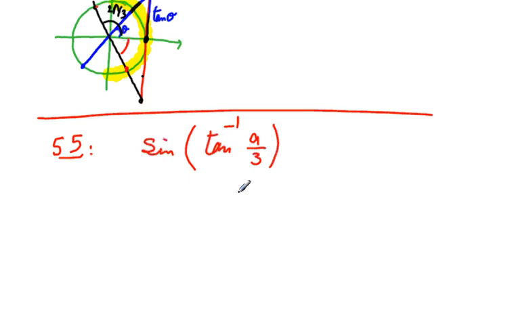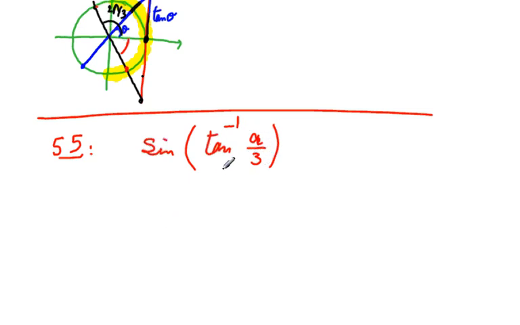functions are mismatched? It's not the same function being used. Here is tangent. Here is sine. Now, let's go ahead and answer this first by assuming this is letter A. Let's suppose for the moment that we are dealing with positive quantities. The best way to answer this is to get a picture.